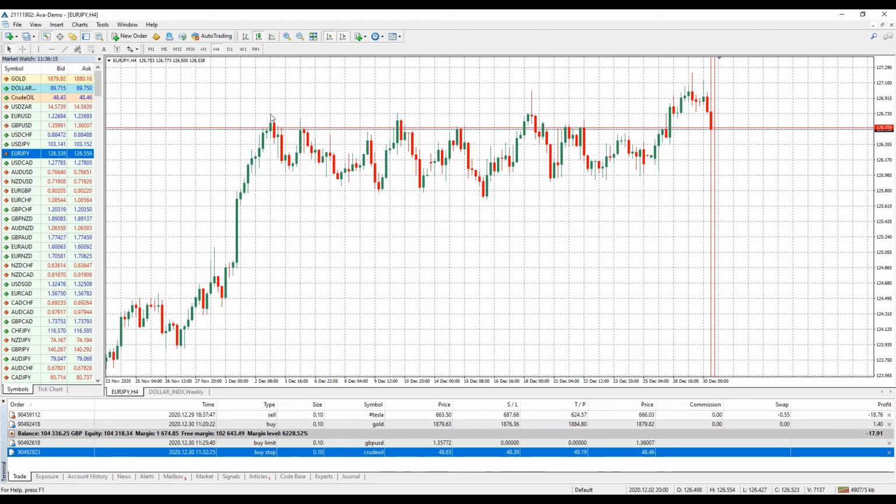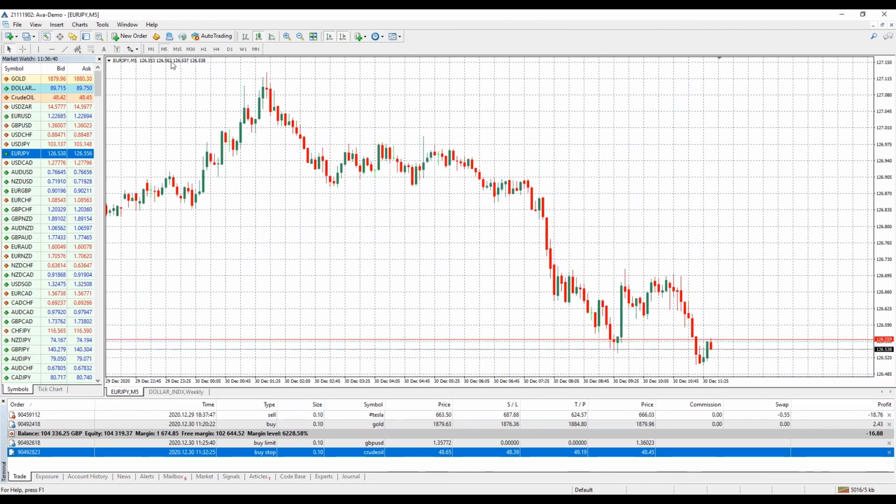Used to be resistance. This whole area was resistance. We see it was hitting and dropping, hitting and dropping, a little bit above and back down. Now it's above that, and it's pulled back down to this zone of resistance, from the top side. So this should act as support potentially here.